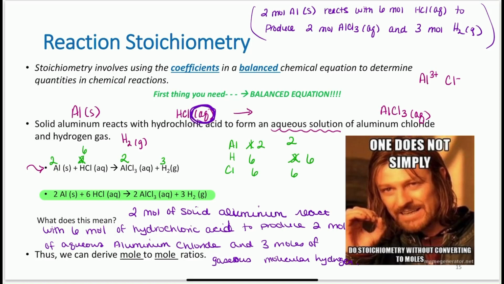But no matter what you do, if you are doing stoichiometry, make sure you convert to moles. We must have everything in moles. We cannot compare grams to grams because remember, the weight of something is dependent upon the number of protons, neutrons, and electrons it has. That does not mean that 1 gram of oxygen reacts with 1 gram of hydrogen.